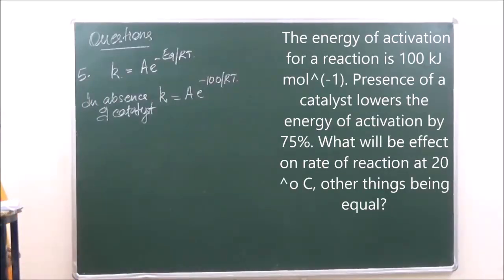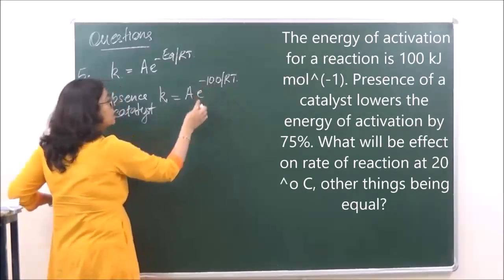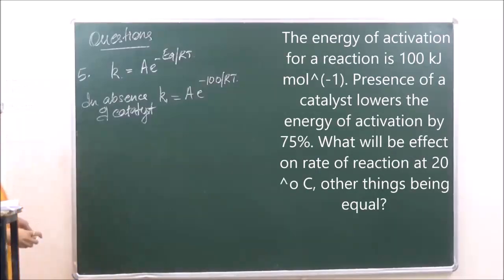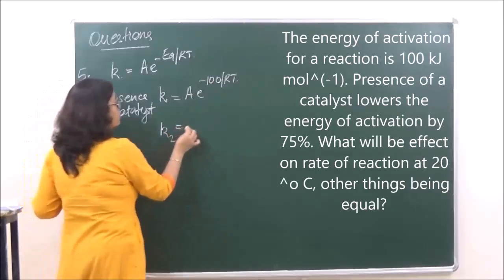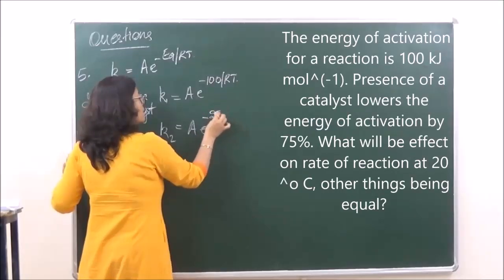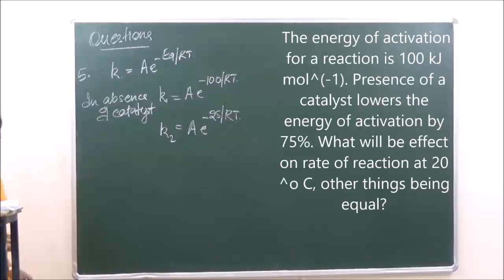And because they have given 100, and presence of catalyst lowers the energy of activation by 75%, so if the activation energy is lowered by 75%, the activation energy for the second will become 25. ठीक है? So in presence of catalyst, K2 will be equal to A e raised to minus 25 upon RT. ठीक है?